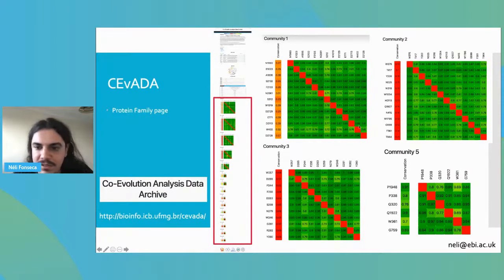Therefore, we can see that the residues detected in community 1 are conserved in around 30% of the alignment, the residues detected in community 3 are conserved in only 5% of the sequences in the alignment, and community 5 is highly conserved in the entire alignment. So we can detect overlapping local conservation without predefinition of this subset.